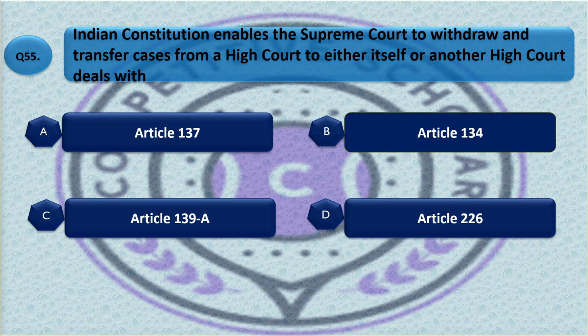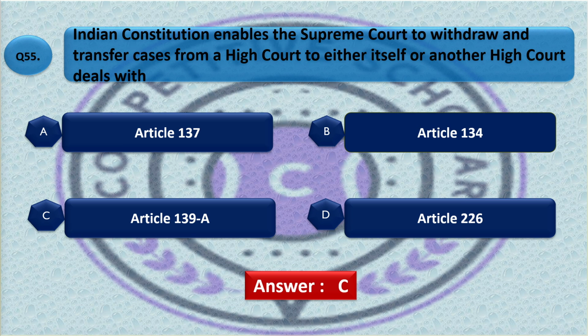Question number 55. Indian Constitution enables the Supreme Court to withdraw and transfer cases from a high court to either itself or another high court. Deals with option A, Article 137, option B, Article 134, option C, Article 139A, option D, Article 226.